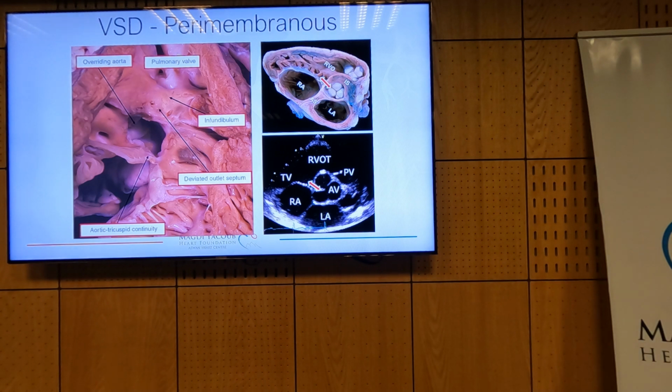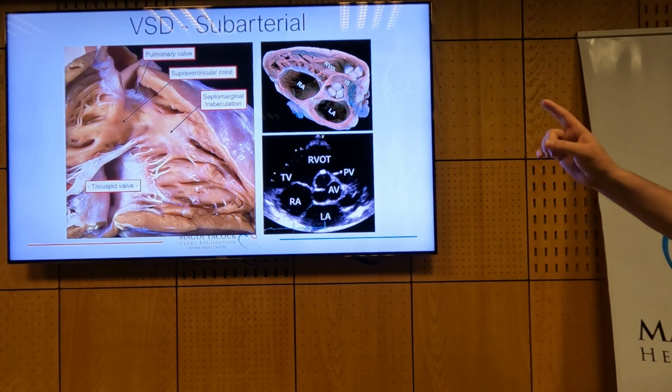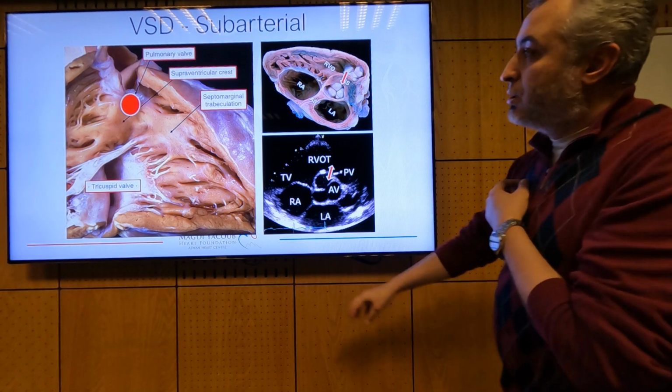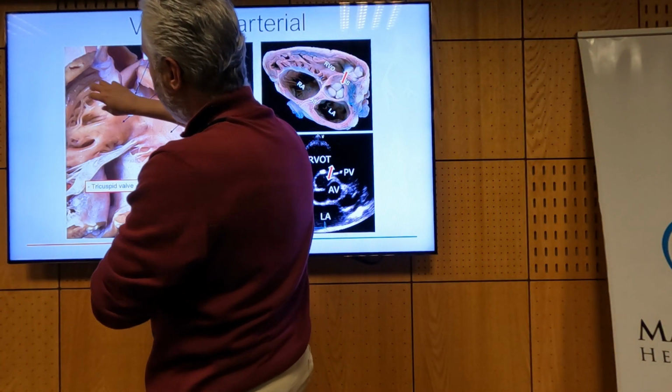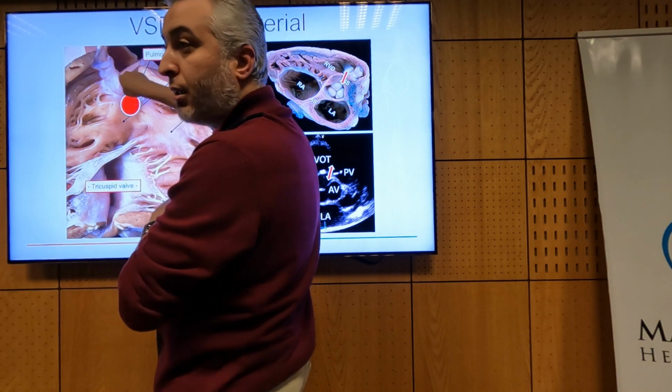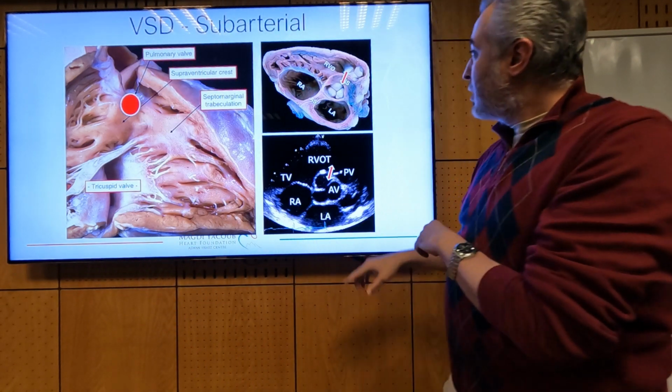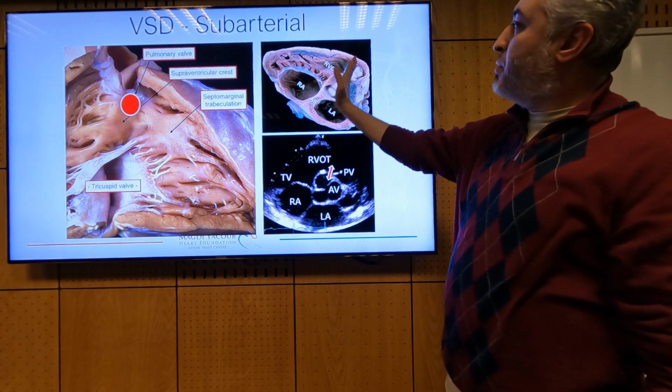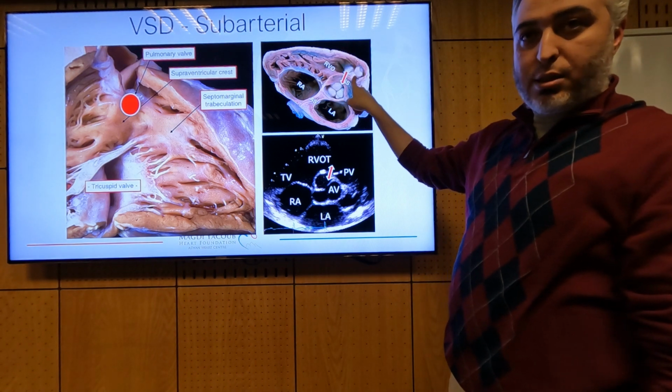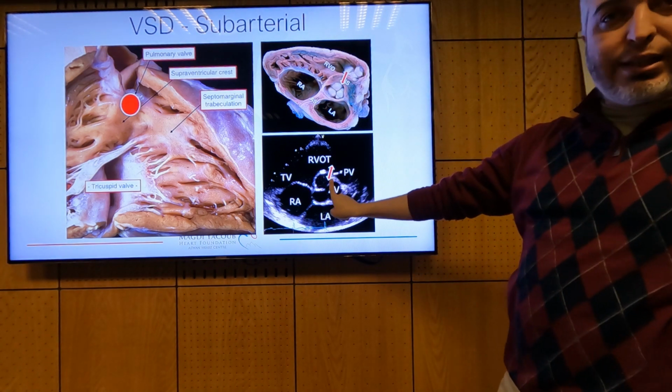Where would you find the subarterial VSD? Pulmonary and aortic valves. So in that diagram, it would be here. So part of the edge of the defect is formed by the aortic annulus and pulmonary annulus. So in this cut section, it would be towards the pulmonary annulus, which is there in echo.